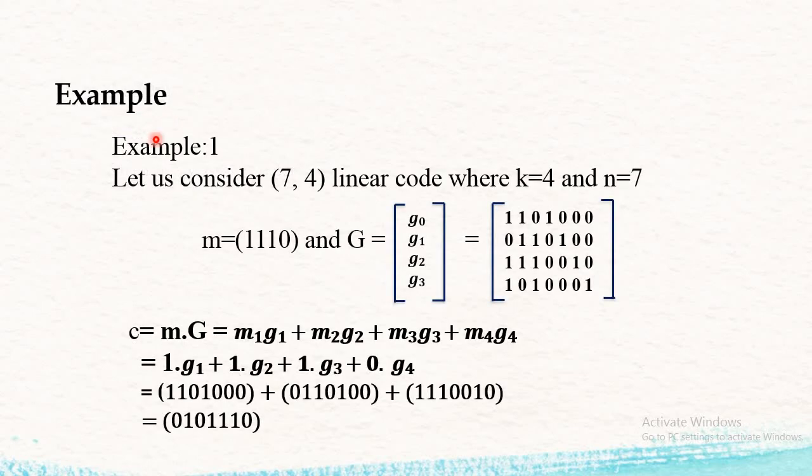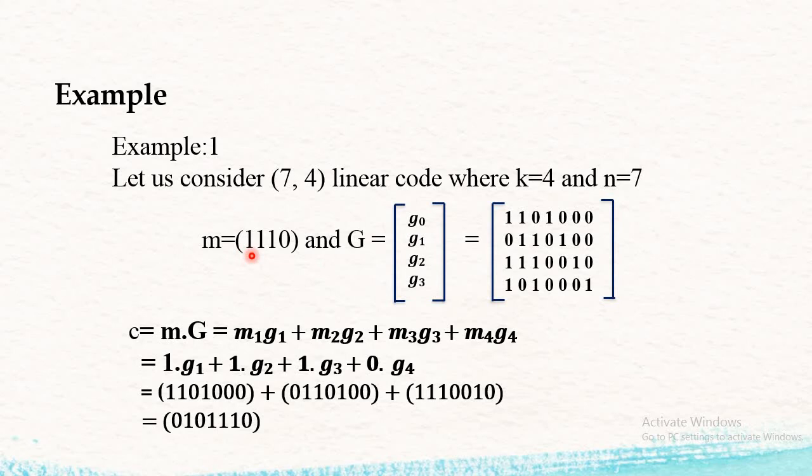Now here we have taken one example. Let us consider a 7 by 4 linear code, where k is equal to 4 and n is equal to 7. The message is given by M equals 1110 and G, the generator matrix, is given as shown over here. For finding the code word, we are taking the multiplication of the message bits with the generator matrix, a matrix multiplication.